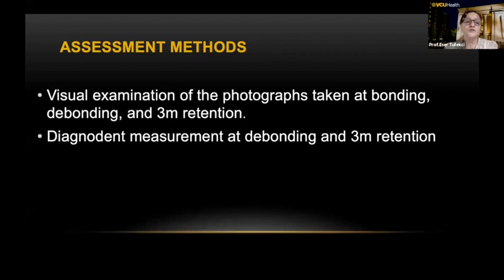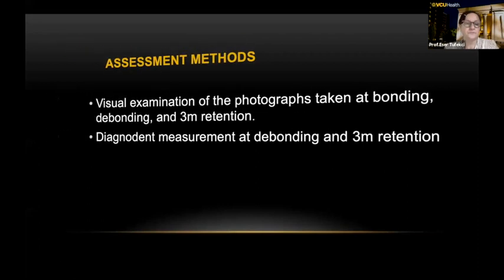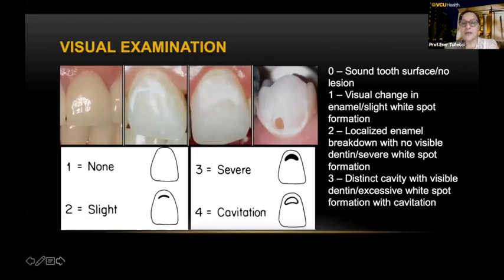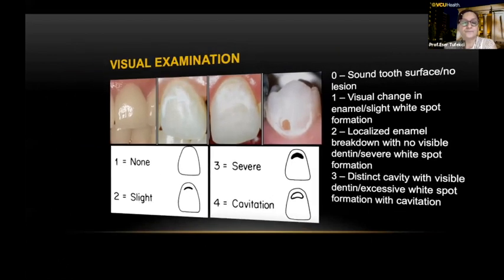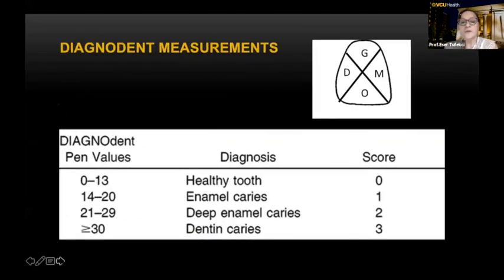She also used Diagnodent on these patients at debonding and at 3-month retention. The visual examination, once again, was similar to the method recommended by Gorelick. And Diagnodent measurements were done on the tooth surface in 4 quadrants.